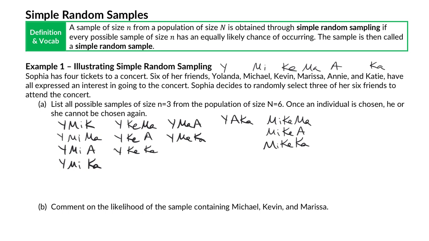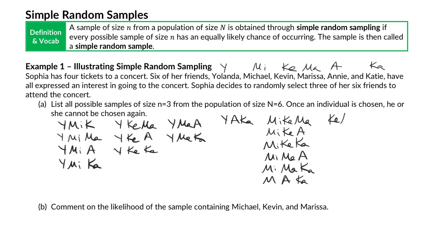After Michael, Kevin, and Katie, we could have Michael, Marissa, and Annie, or Michael, Marissa, and Katie. Or we could have Michael, Annie, and Katie. In an organized fashion, what should be the next sample that I choose?